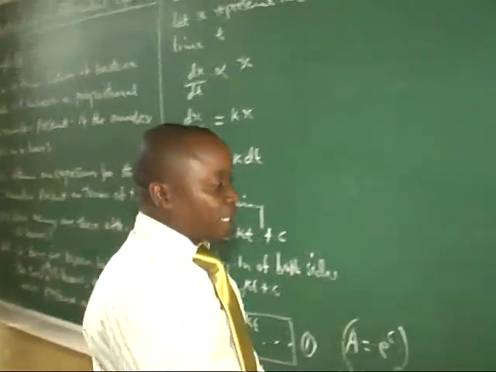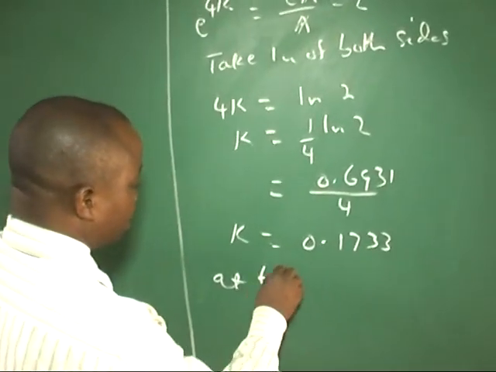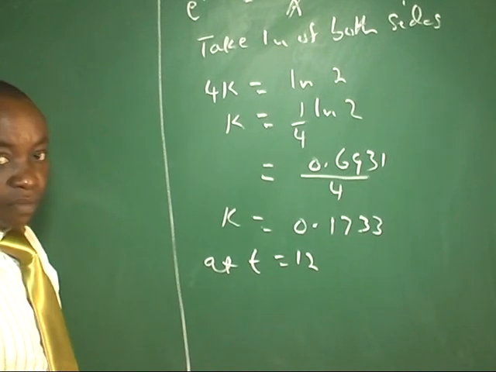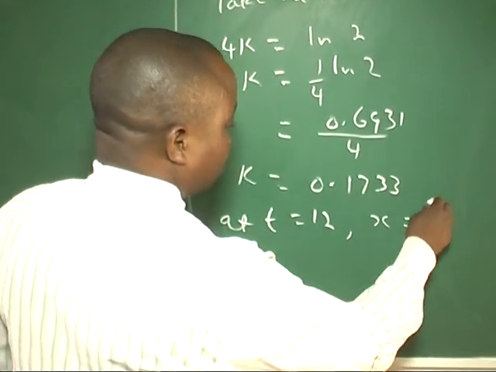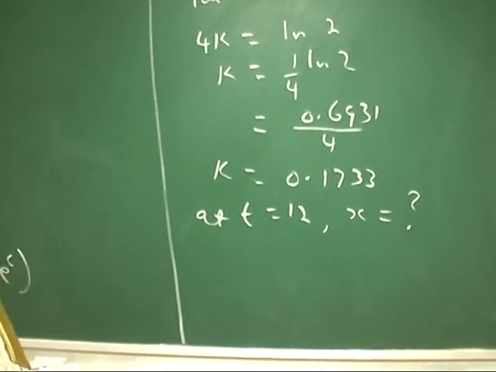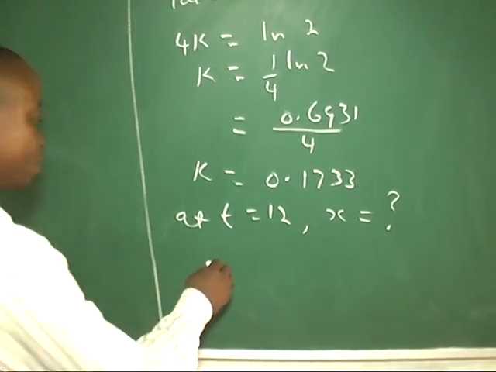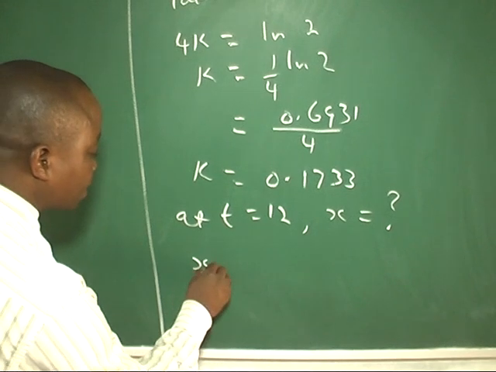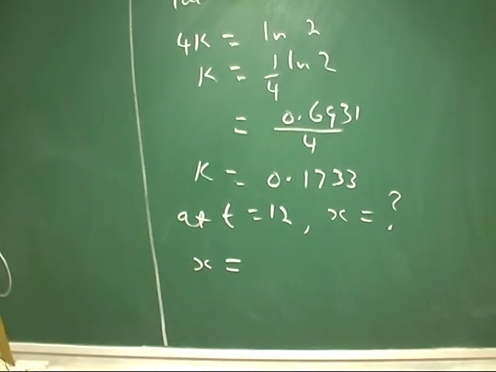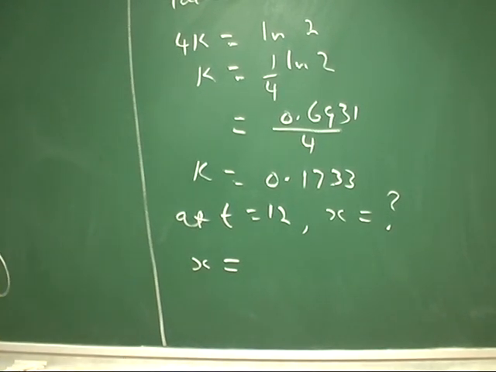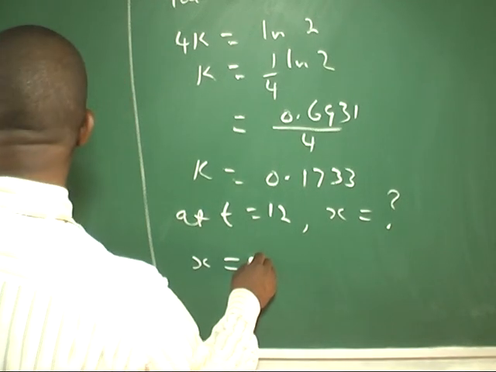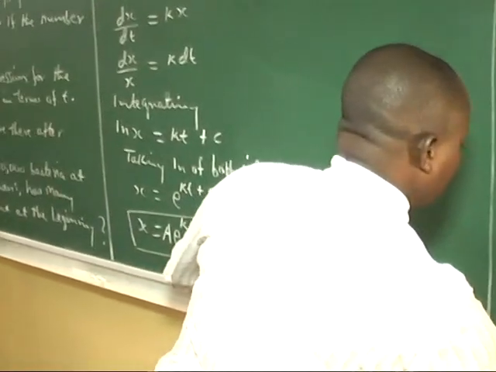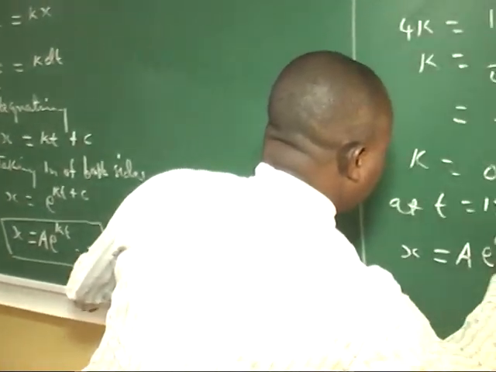That is at T is equal to 12. Then what we need is X. What will be the number? So what it means is that if we go to 1 again, 1 says that X is equal to A exponential kt.